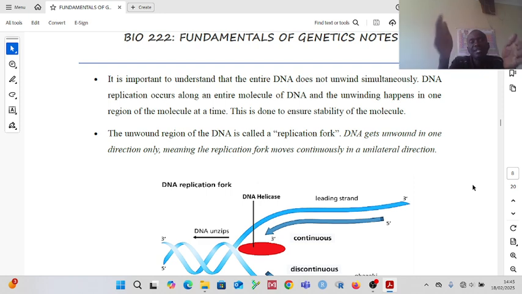Okay, so it will be dealing with a region at a time. The area that will have been unwound, where they will have cut the hydrogen bonds, we call that region the replication fork.